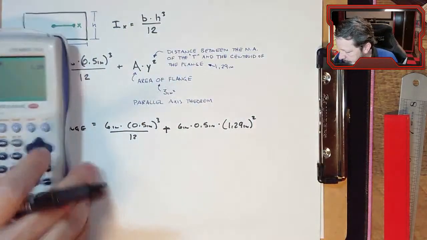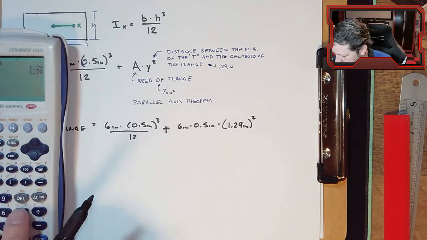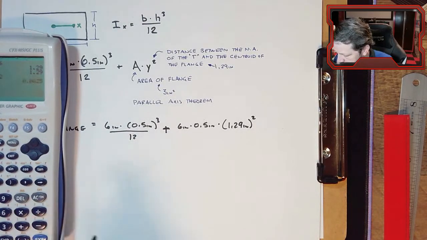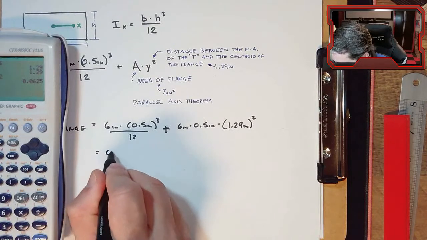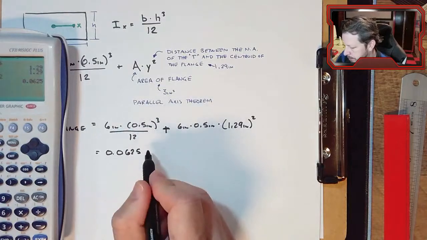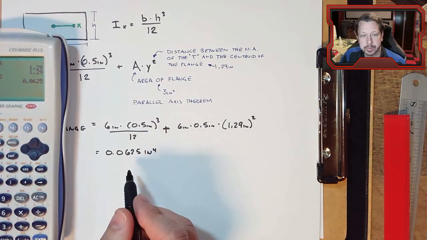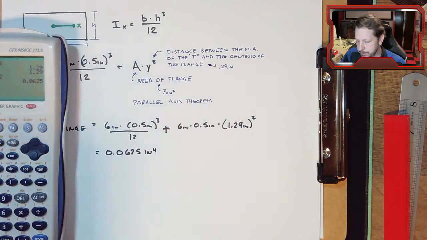So this part, 0.5 cubed, is a tiny number, times 6 divided by 12, is 0.0625. The units here are inches cubed times inches, so inches to the fourth. Maybe you remember that from looking up moment of inertia from the charts that we used before.